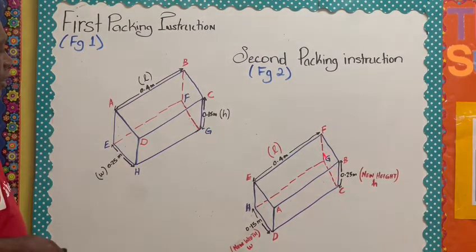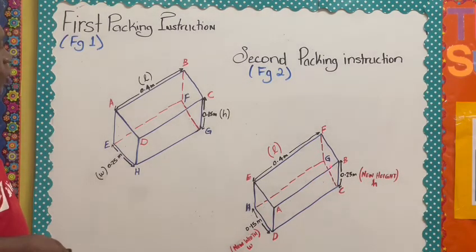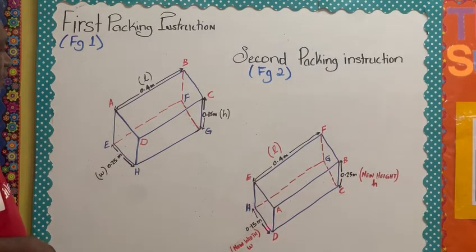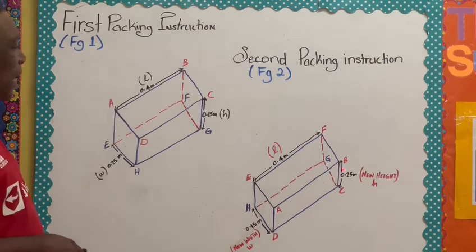So CG being 0.15 would be the new width. So we see where the initial height is now the new width, which is CG, HD, EA, and FB.